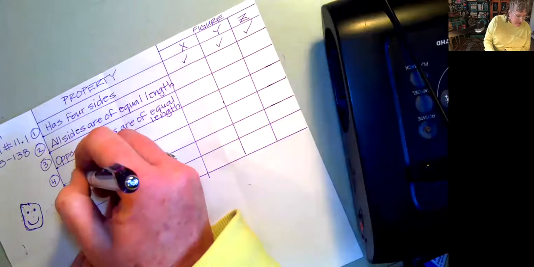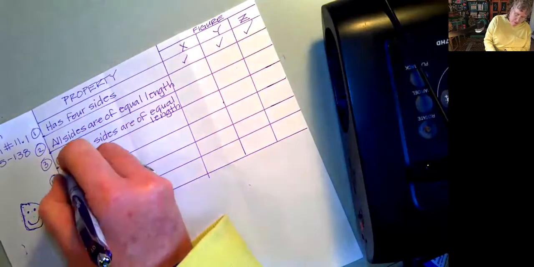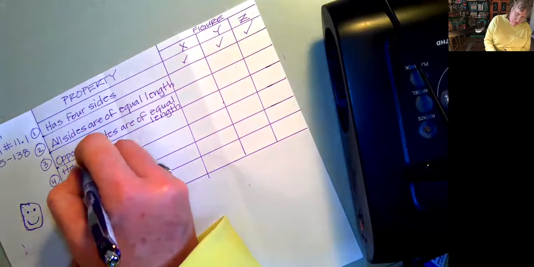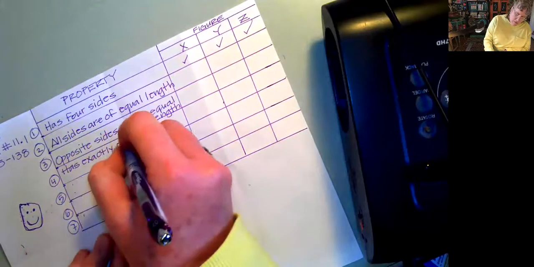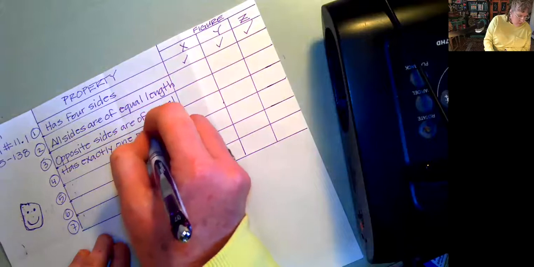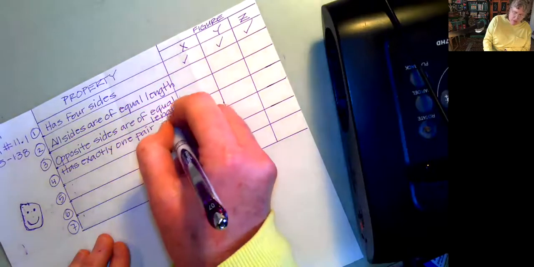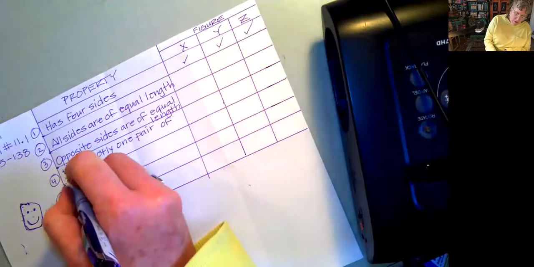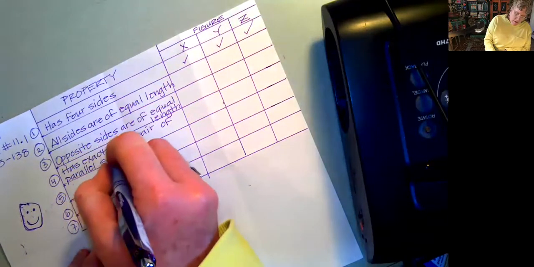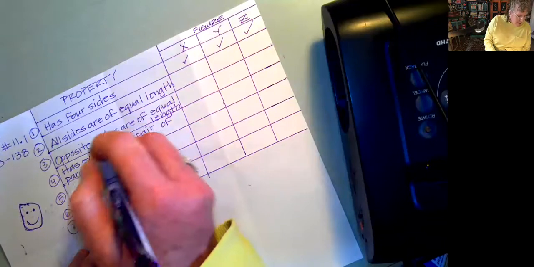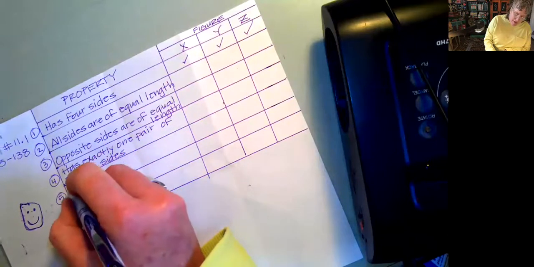This says it has exactly 1 pair of parallel sides. Has exactly 2 pairs of parallel sides.